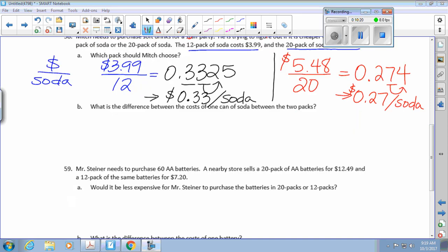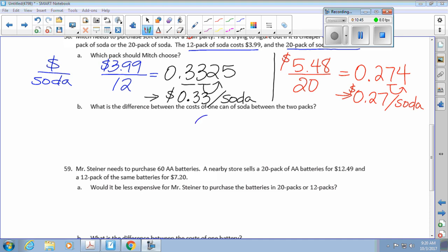What is the difference between the cost of 1 can of soda between the 2 packs? What key word is in there? What key word, Jasmine? Different. Very good. Difference tells us to do what operation? Subtract. Nice job. When you subtract 27 from 33, what do you get? 0.06. Very good. So it would be 6 cents, 0.06.